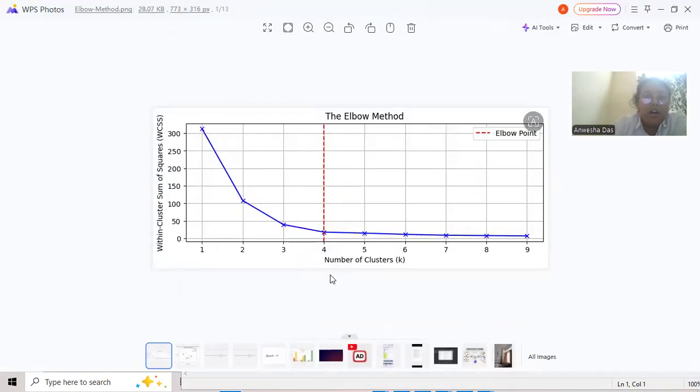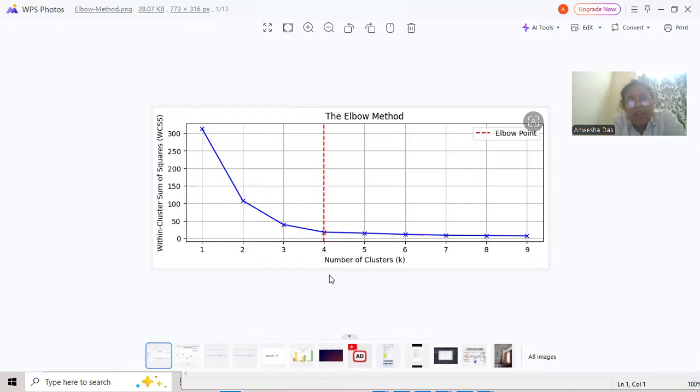Here, if you focus on that particular graph, there is a relationship between the number of clusters and the WCSS. WCSS means within cluster sum of squares. Within a cluster we calculate the distances and take the summation of all those distances.